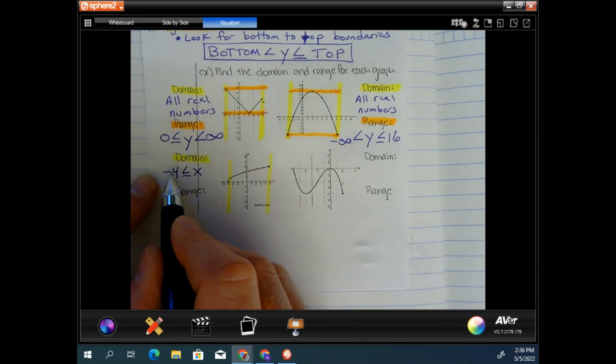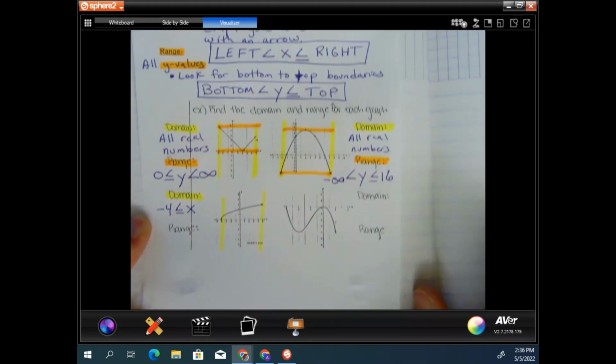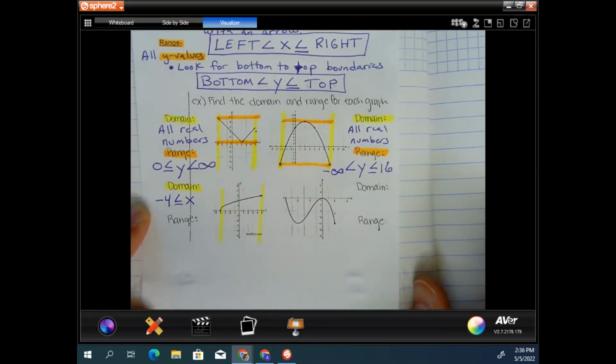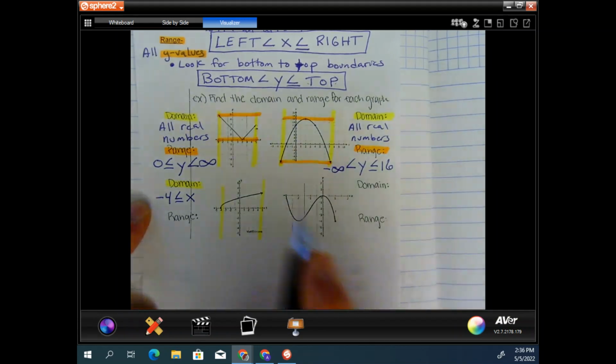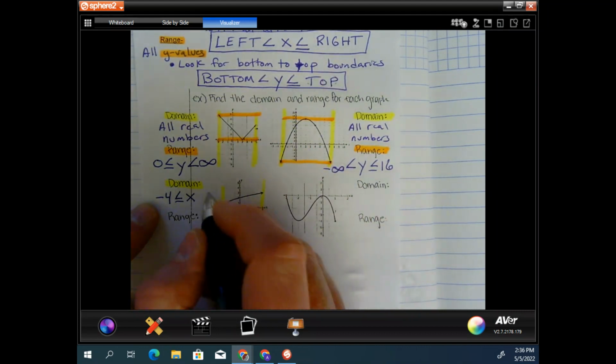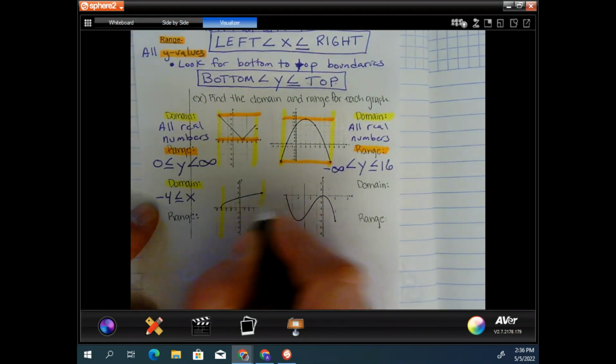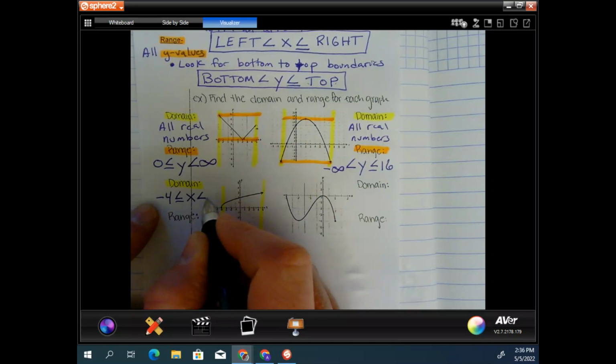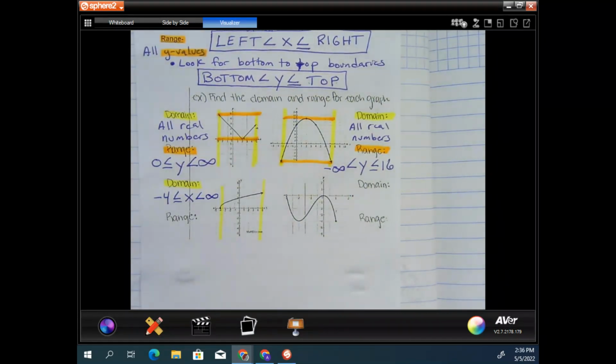And that's farthest left, just like above in our notes. Right here. And then my farthest right point is an arrow. And it's positive. And it's going to continue. So it would also include x is less than infinity.